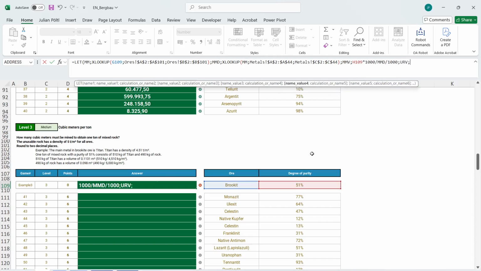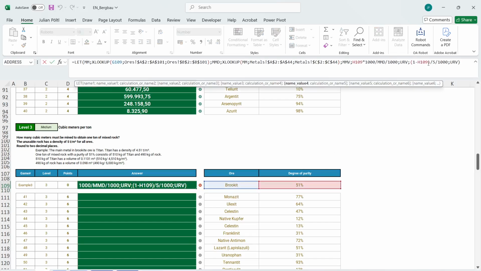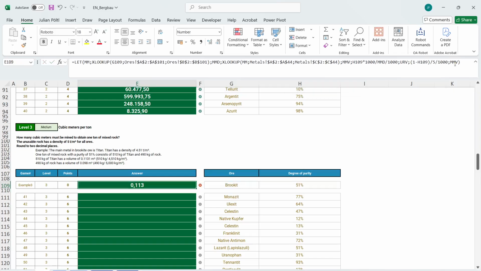URV is 1 minus this divided by 5 divided by 1000. Okay, something wrong. 1 divided by 1% divided by 5 divided by 1000. Should be right.